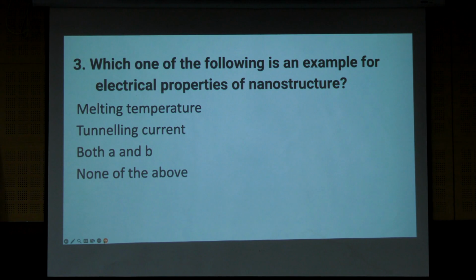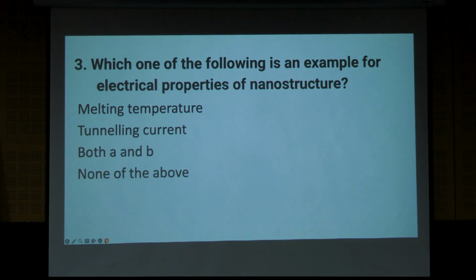When we talk about electricity, electric current, it's about the movement of electrons. They jump from one region to another, valence band to conduction band. When there is a movement of electrons, that is tunneling. It's a kind of movement of electrons. The same thing happens in electric current also, but tunneling is a different phenomenon. It is related to electricity.